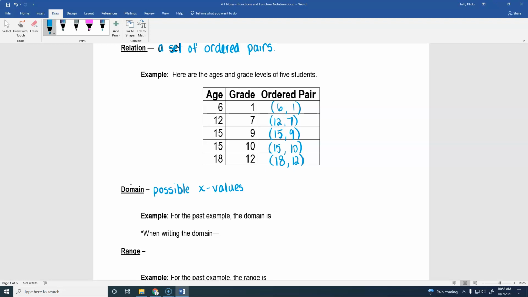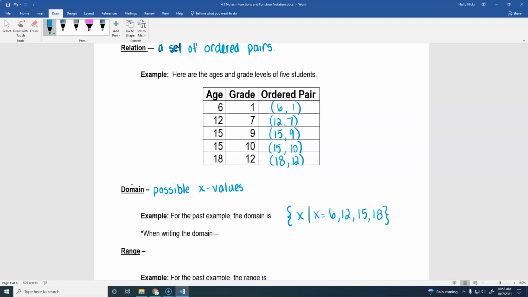And when we do, it is usually written with the squiggly brackets. Sometimes you'll see it like this, x such that x equals 6, 12, 15. You have another 15, but you're not going to list it twice. You only list it one time, and then 18.